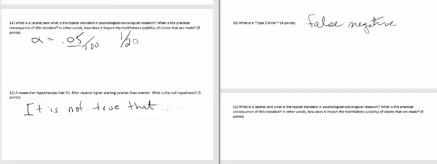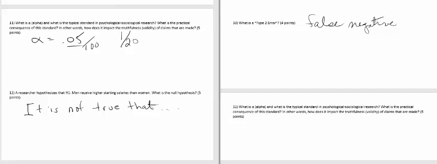So the absence of men receiving higher starting salaries than women is not that women receive higher starting salaries than men, because it also could be that their salaries are equal. So there are two potentialities if the hypothesis is not true.